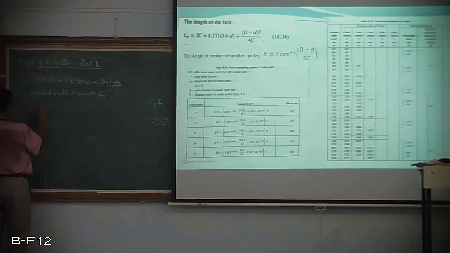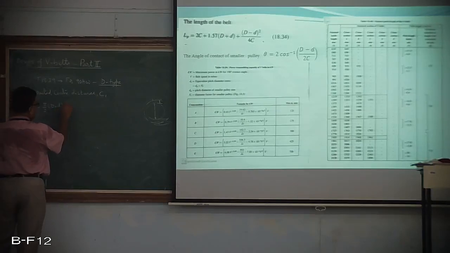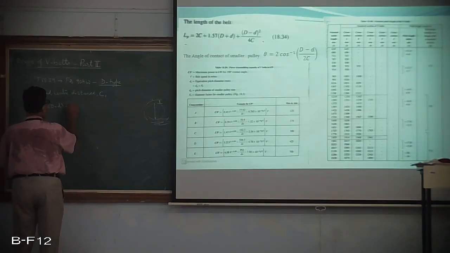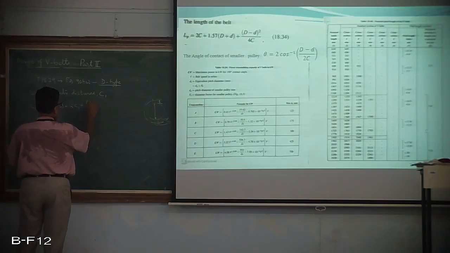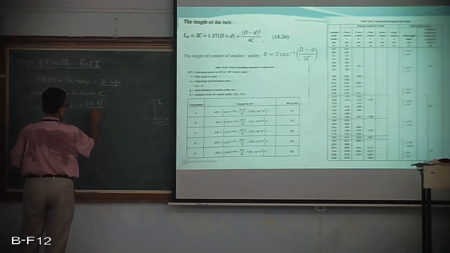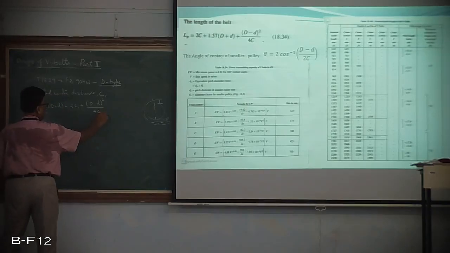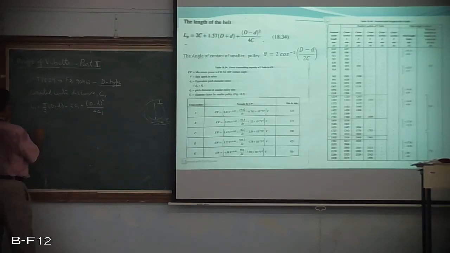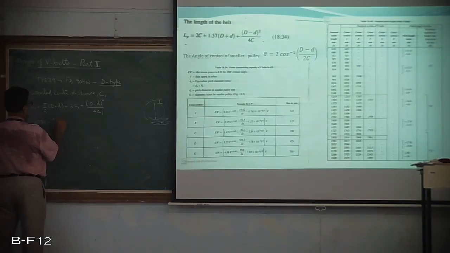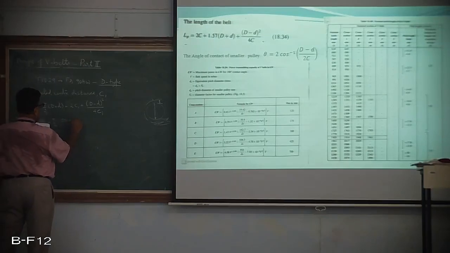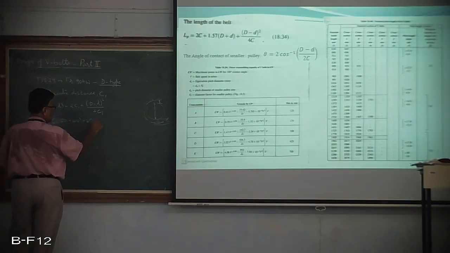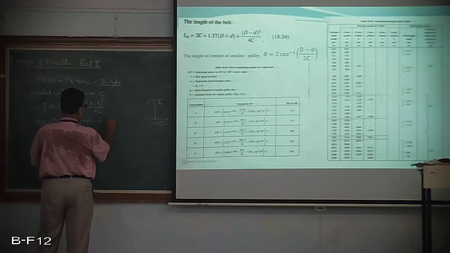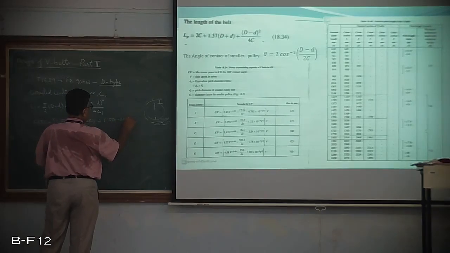That is L1 is equal to pi by 2 (D plus d) plus 2C1 plus (D minus d) whole square upon 4C1. You can express it either in radius or diameter, it won't matter. If you take C1 as the corrected center distance, and once you solve, 6886 is equal to pi by 2 times (1500 plus 600) plus 2C1 plus (1500 minus 600) whole square upon 4C1.